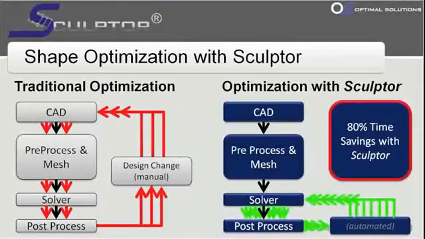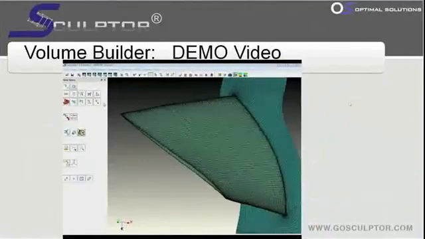So that's what Sculptor does. Sculptor allows you to automate and optimize the solver and morphing loop. And then with Sculptor, we can always take that final optimal shape on the mesh, apply it to the CAD model, and get it back to the CAD with one deformation on the CAD model.